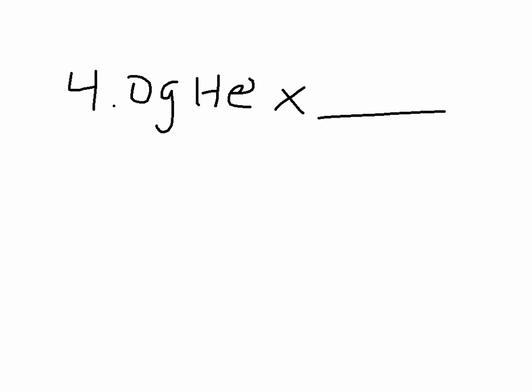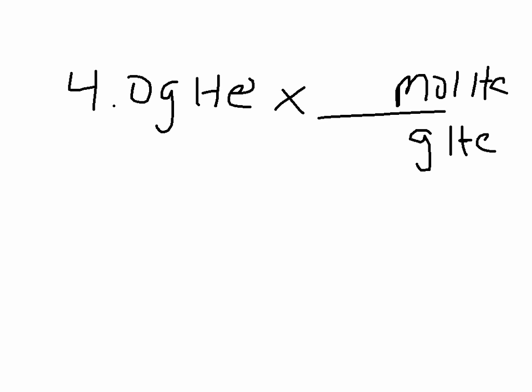So if I had 4.00 grams of helium, and I wanted to know how many moles that was. Multiplication sign, fraction. If I want to get rid of grams of helium, it goes on the bottom. Moles of helium can go on the top.